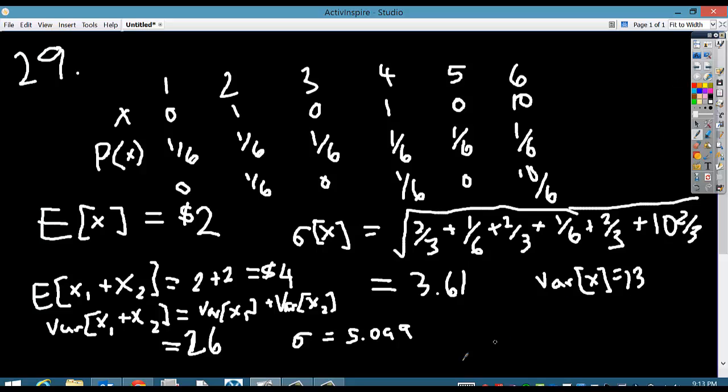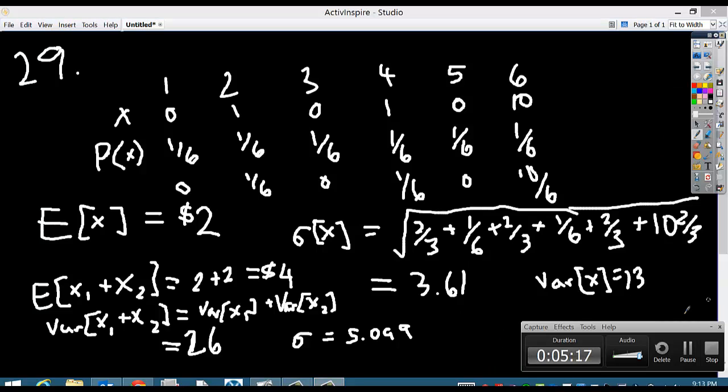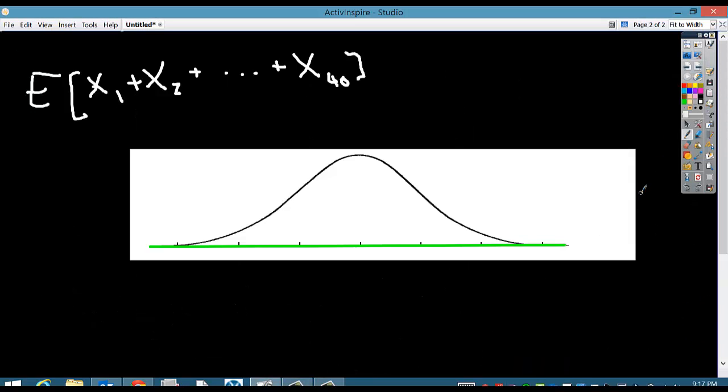Okay, so this is going to involve two things. One, it's going to involve eventually me using this picture. But first of all, we're going to have to calculate expected value. And since this is 40 attempts, you can see this symbolizes that I'm thinking about all 40 of them as separate instances and therefore separate random variables.